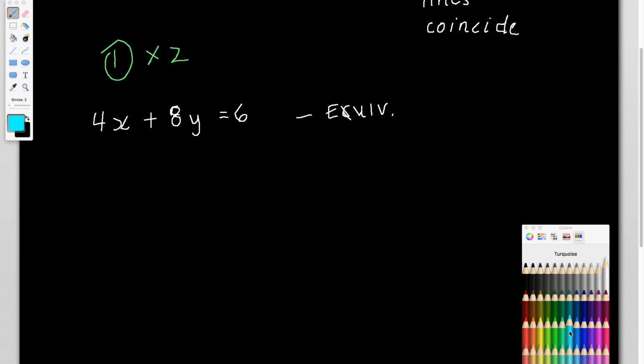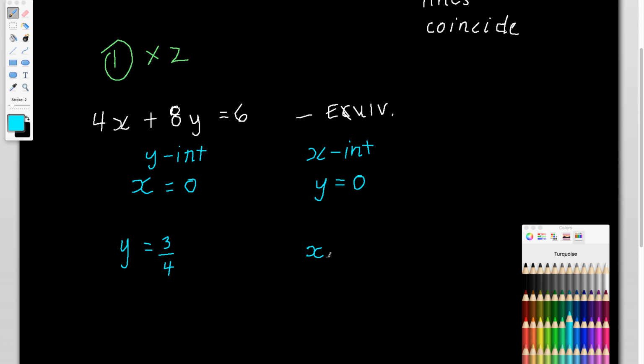You could work out the y-intercept by substituting x is 0 into both equations, and for both of them you get a y value of 3 over 4. You could then check your x-intercept as well. This is obviously just me proving a point. Y equals 0. You could substitute them in, and you'll get an x-intercept for both of them of 3 over 2. So you can go ahead and check that if you don't believe me, of course.